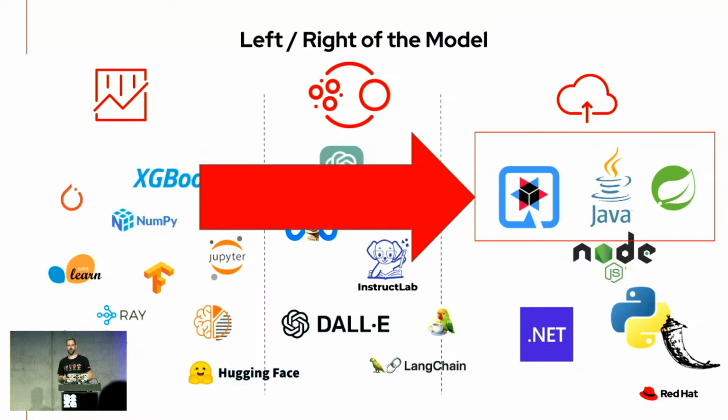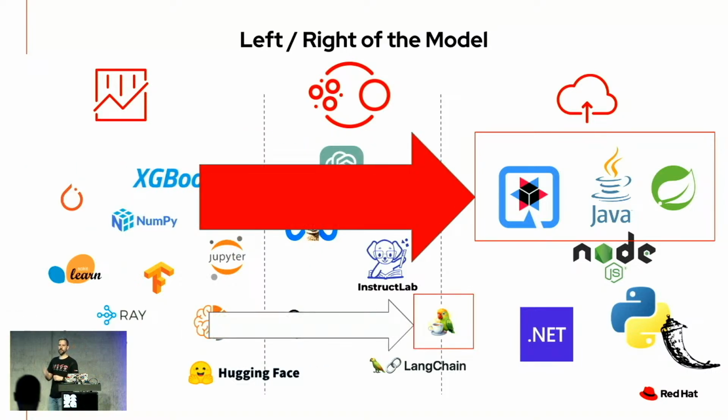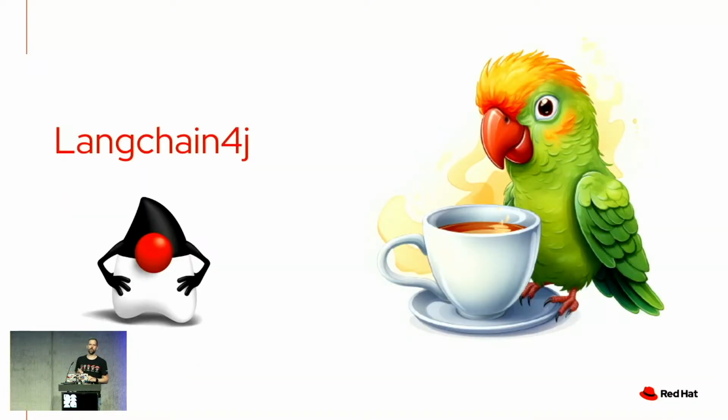So we're going to look specifically into how to do that in Java, and we're going to use this particular project with the cute little parrot there, which is LangChain4j. LangChain4j is a nice Java library based on the Python LangChain library to integrate AI capabilities into your Java code in a fairly straightforward way.